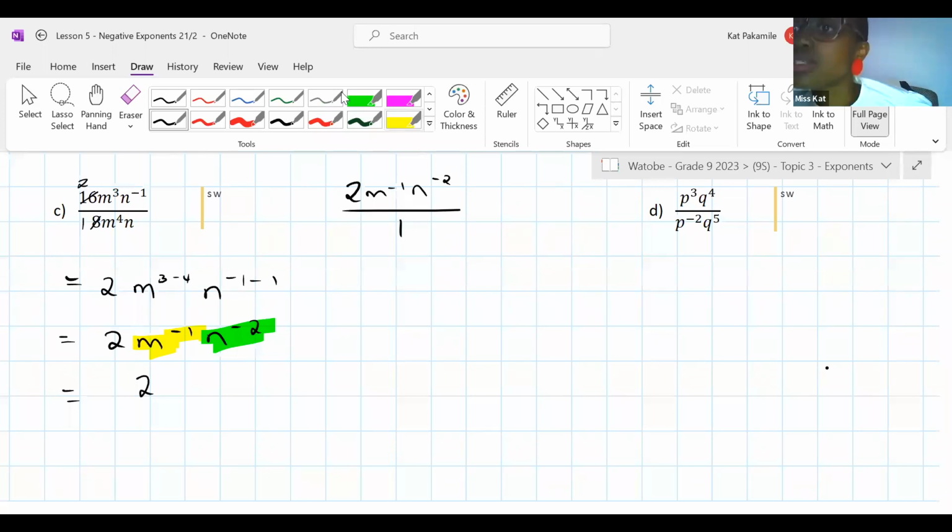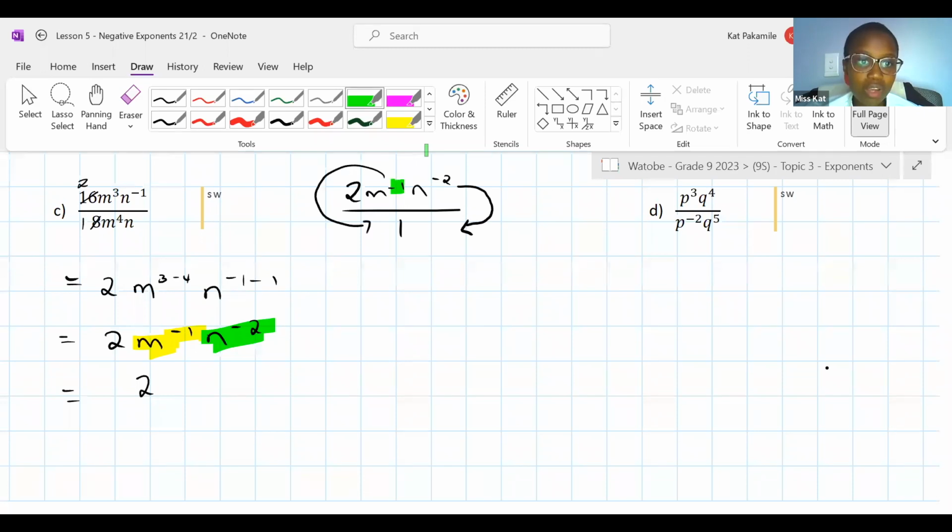That's what we have at the moment. All right? Yes. So we're going to take the n and move it to the denominator, and the m, move it to the denominator, because we want to change these negative exponents to positive ones. So the 2 does not move. You leave it where it is. So it's 2 over, what do I write in the denominator? The m.